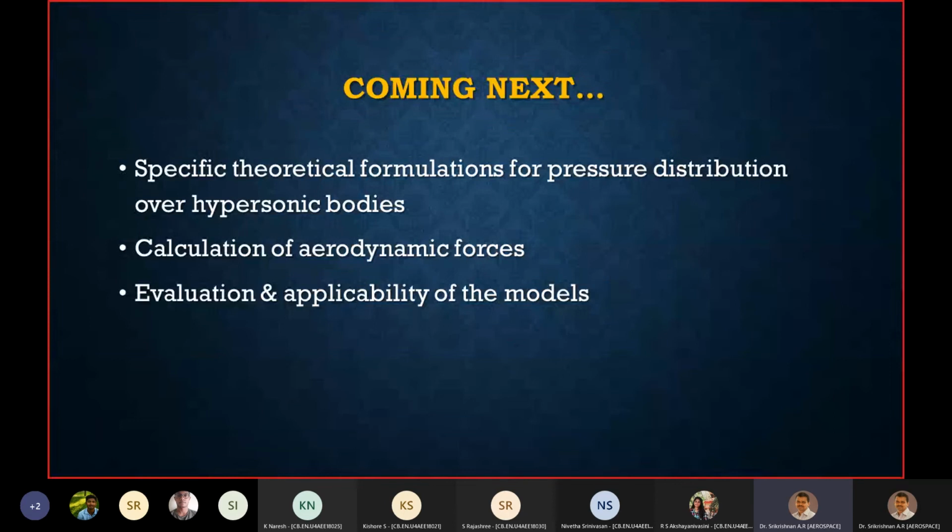What we are going to do next is, now we have reviewed the fundamental aspects related to pressure waves and expansion waves. Now we will see how some of these can be used in hypersonic flows to calculate the hypersonic aerodynamic forces.